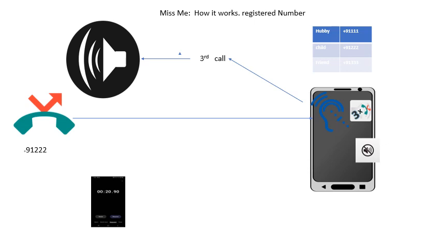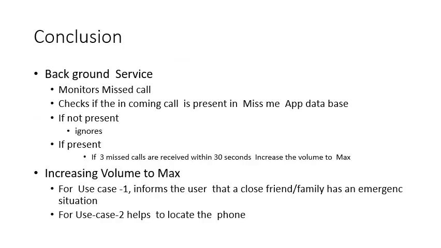And now let's conclude by seeing how the background service is used and what is the purpose of the volume going to max. The background service, like I showed, is used to monitor the incoming calls. So it looks out for a call. If the call is present in Miss Me app's database, it checks whether it's registered with the Miss Me app. If it is not registered, it ignores the call.